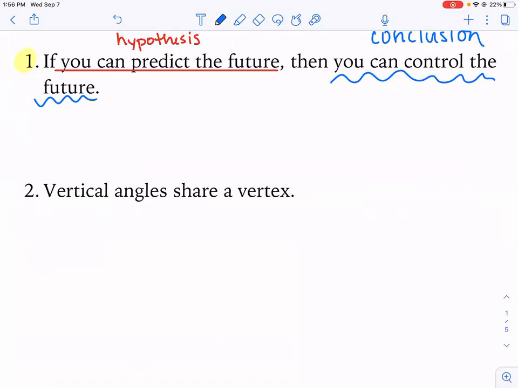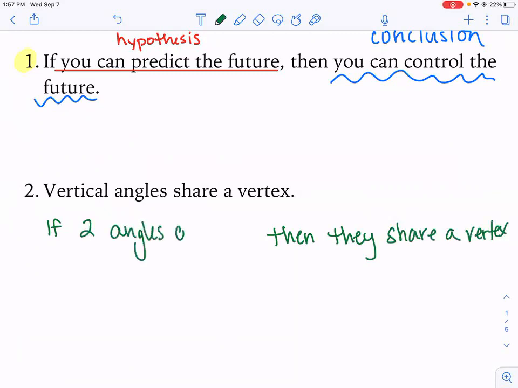Okay, so I'm going to rewrite it. If, okay, so if, then they share a vertex, but what's in between? Okay, so if 2 angles are vertical, then they share a vertex.